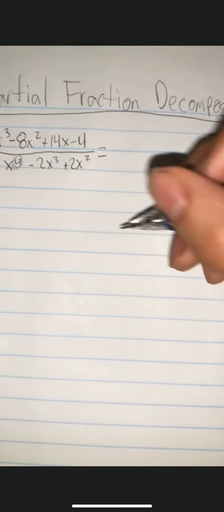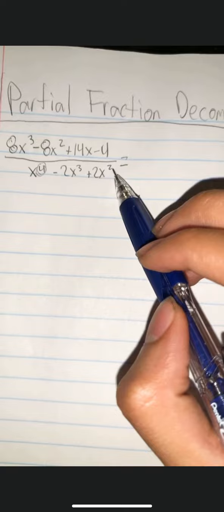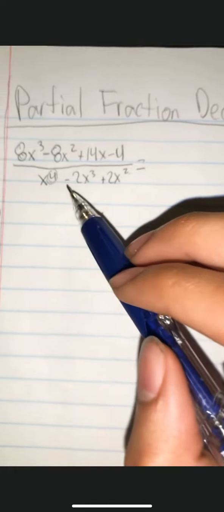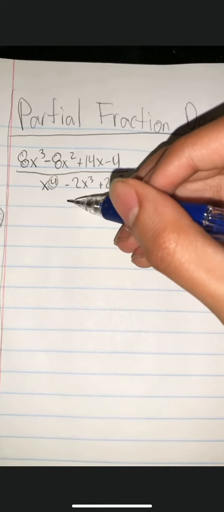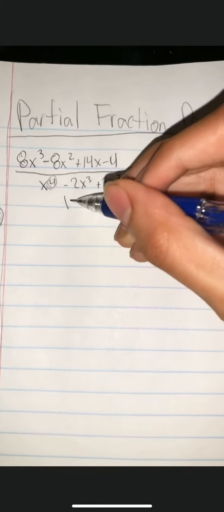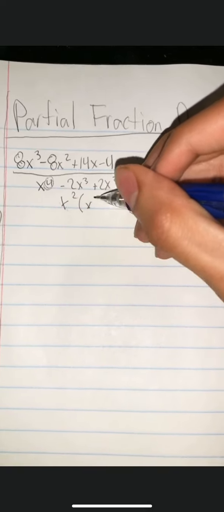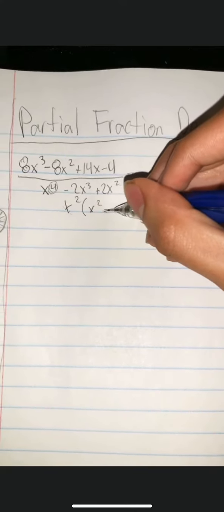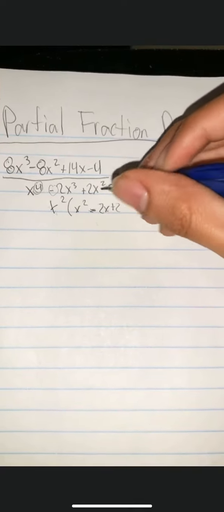What our factor would look like, we can see that we can factor x squared out from our denominator. So we can go x squared times x squared minus, it's minus because we have a subtraction sign right here, so minus 2x plus 2, so we can get this.